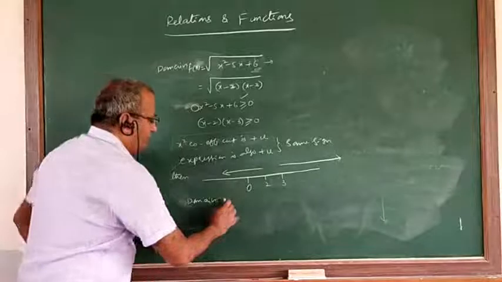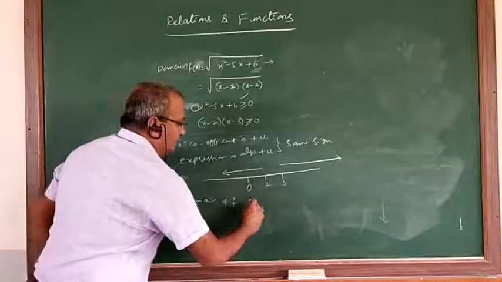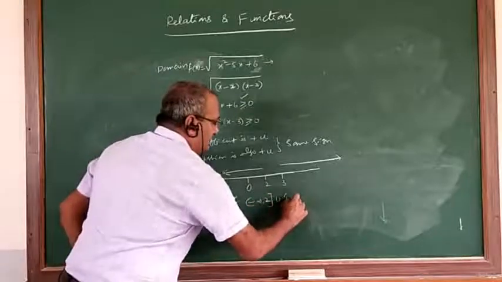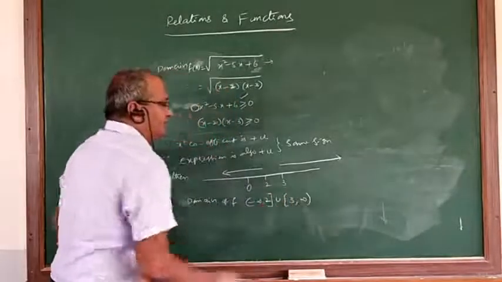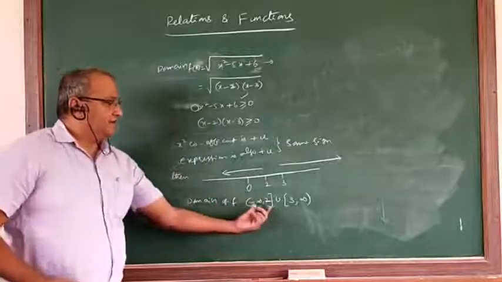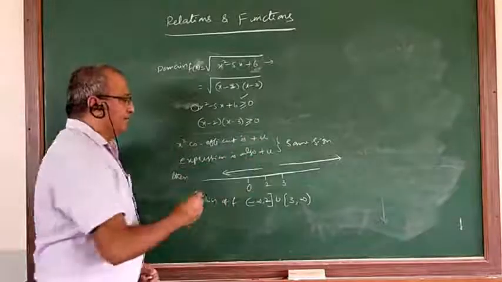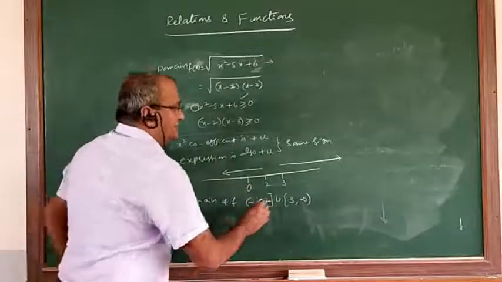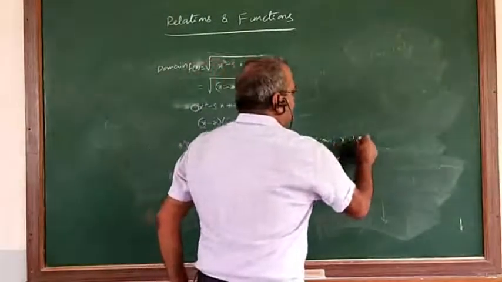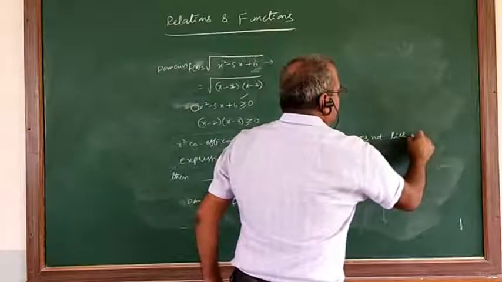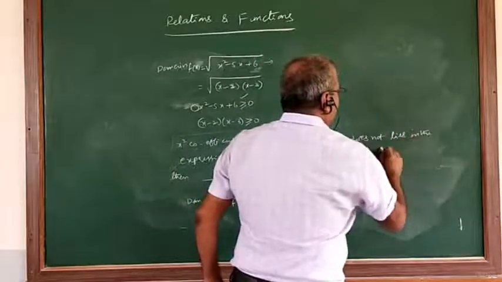So the domain of f, we can write as minus infinity to 2, closed bracket, union 3 to infinity. The domain of f is like this, because when the sign is the same, x does not lie in the interval.